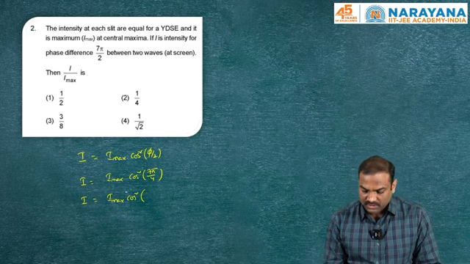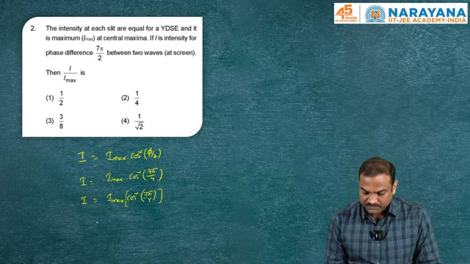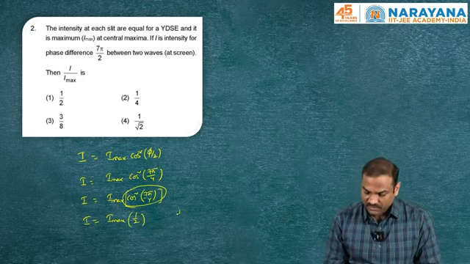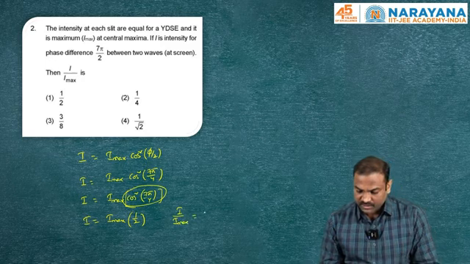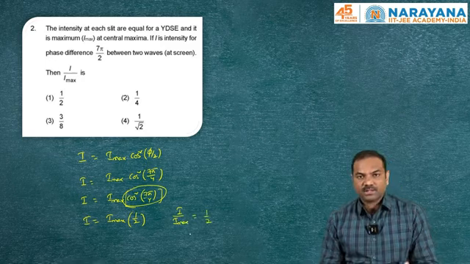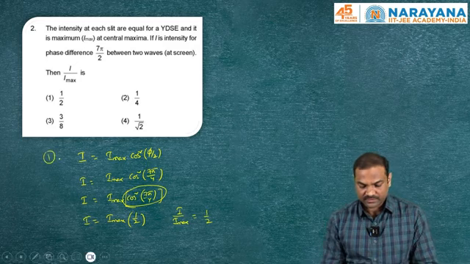This entire square I am writing simply as 1 by 2. Then I max into this entire value will become 1 by 2. They are asking the I by I max value. So I by I max is equal to 1 by 2. So the answer is going to be the first option.